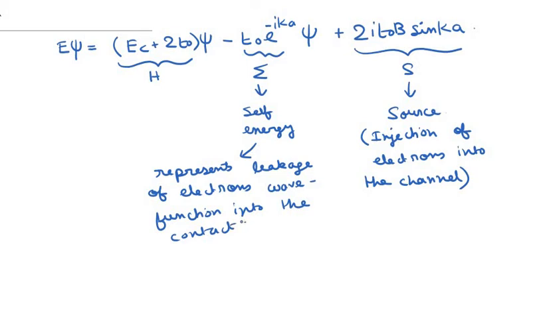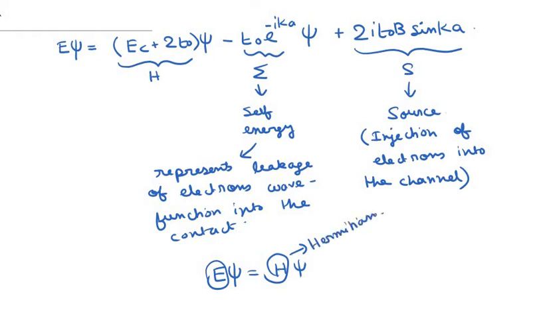The second question that might come to mind is that earlier, when we did not consider this coupling between channel and contact, with the contact wave function entering into the channel and the channel wave function entering into the contact, the equation would have been simple: E psi equal to H psi, where E is a number but H is a matrix, and H used to be Hermitian.